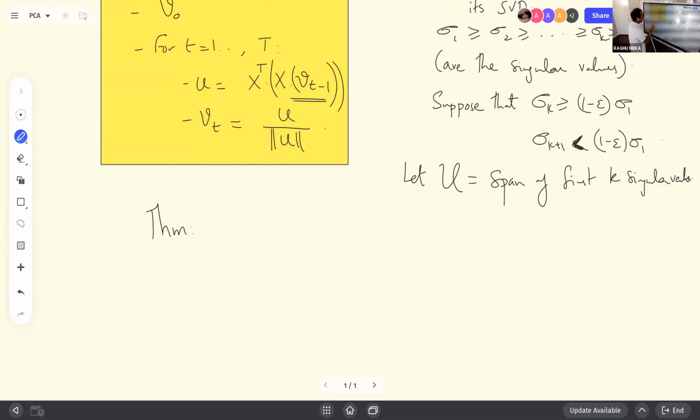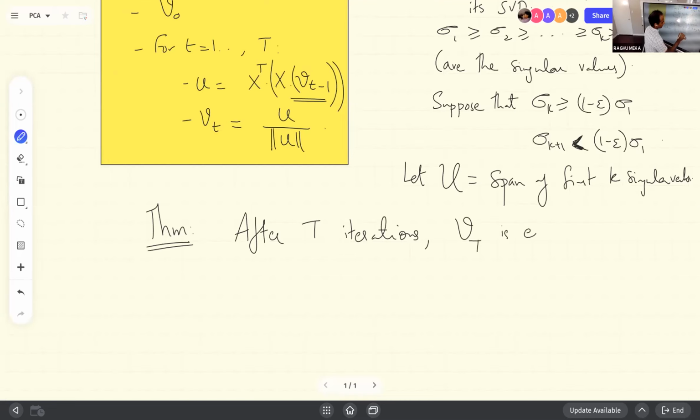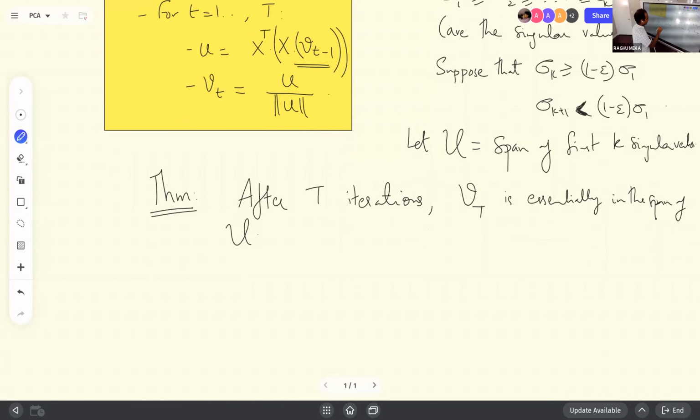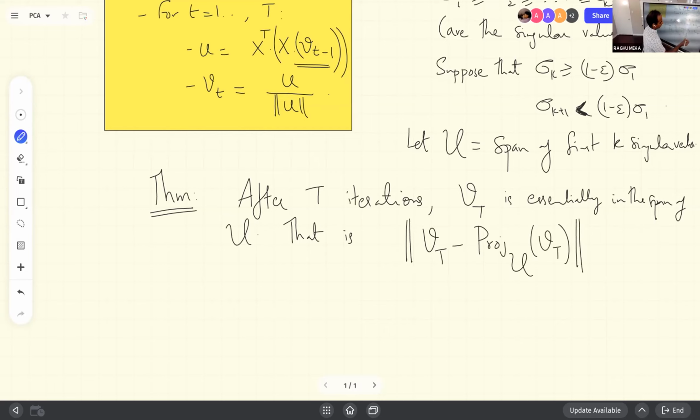So theorem: after t iterations, Vt is essentially in the span of the top k singular vectors.